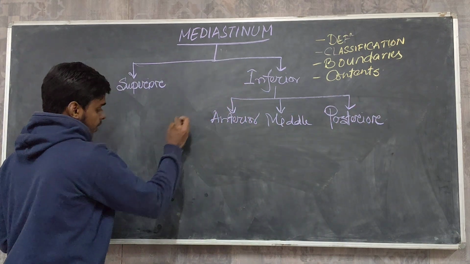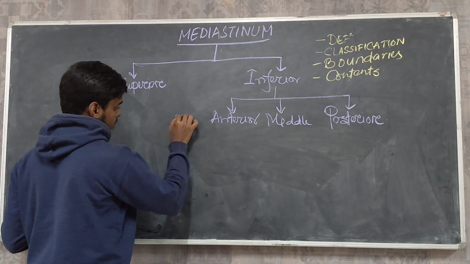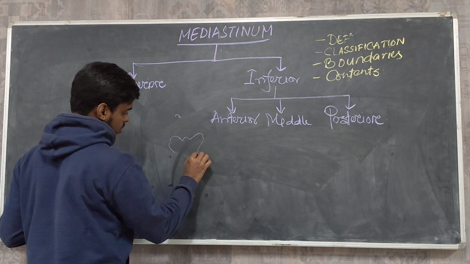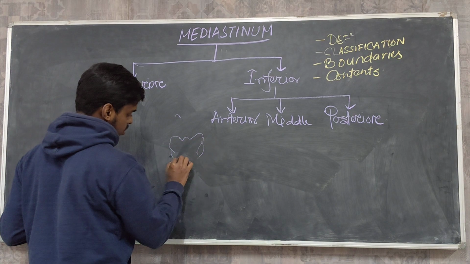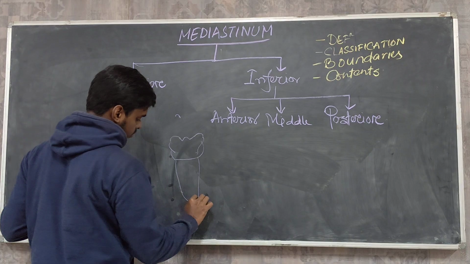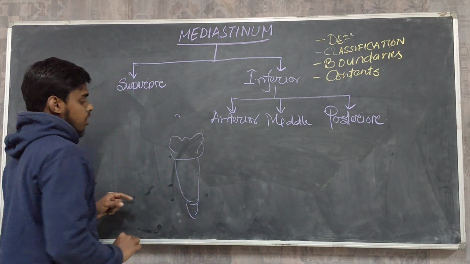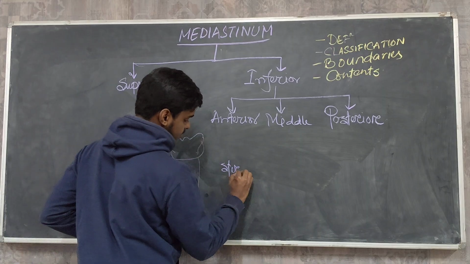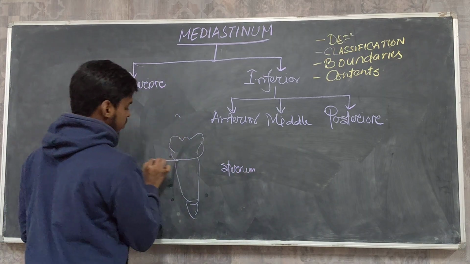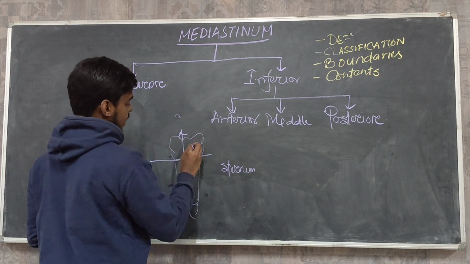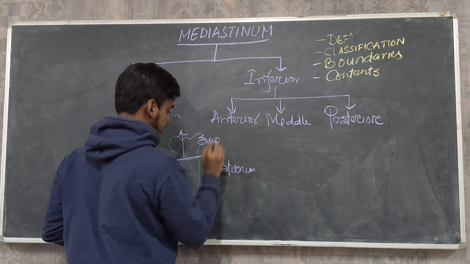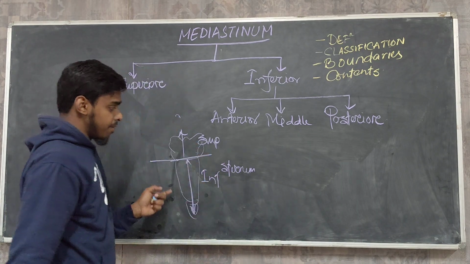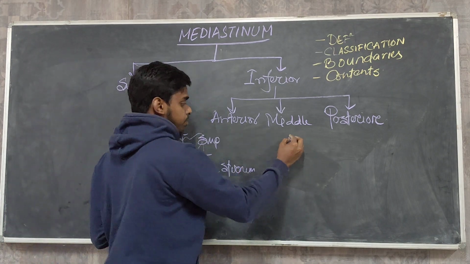Now, I think you all know this bone. This is the sternum. Above the sternal angle, this part is superior mediastinum, and this part is inferior mediastinum. This is the anterior view, and this is the side view.